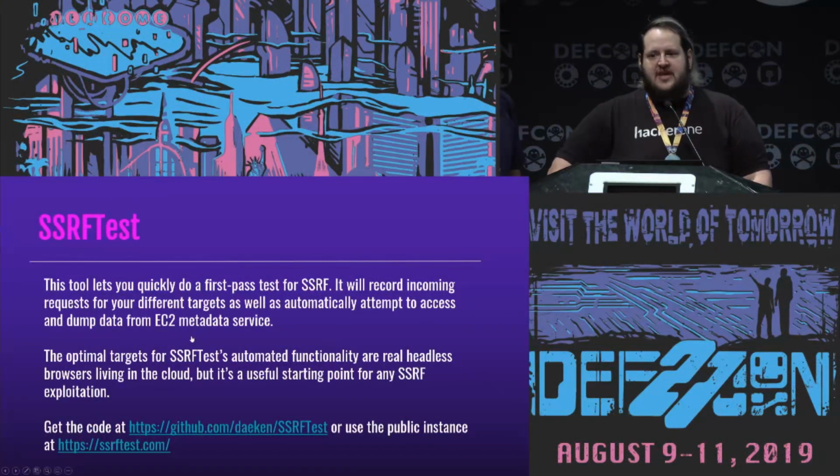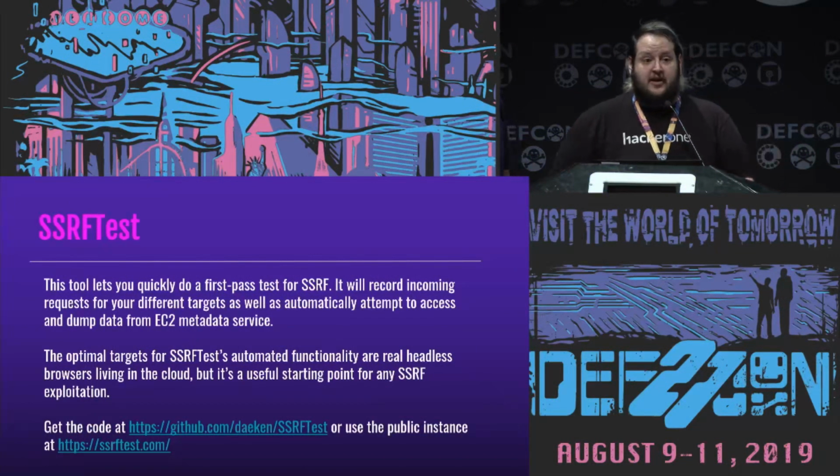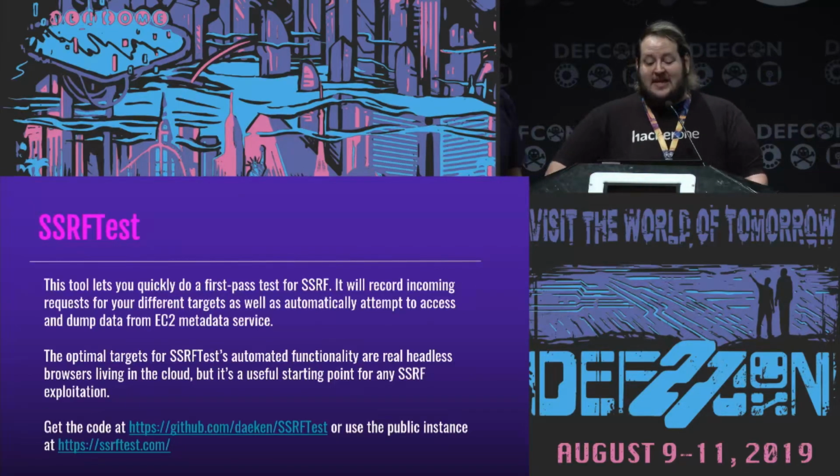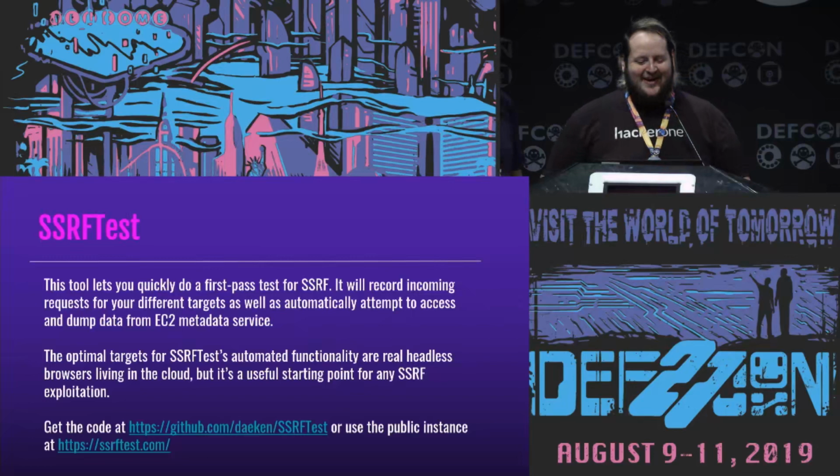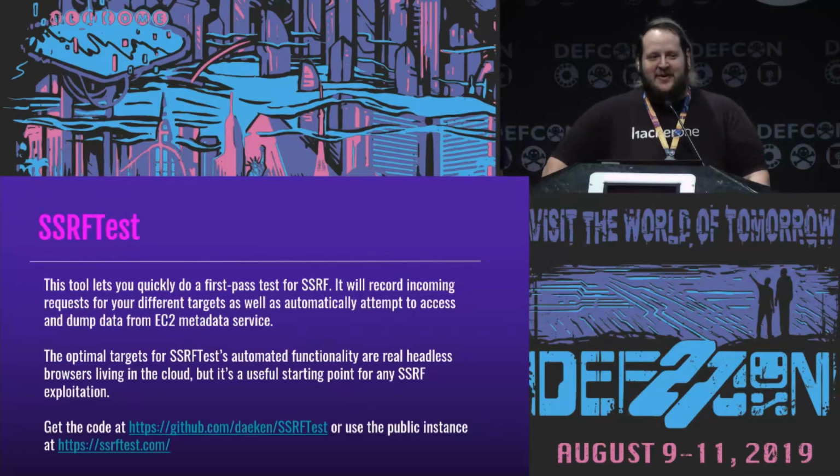But what it'll actually do is if it is in a browser, like an actual headless browser, it'll do a quick automated exploitation. So if same origin policy is not a problem and we don't have to go down the DNS rebinding path, this will automatically go and pull literally every key from Amazon. And this tool alone made me a lot of bounties. The source code for this is all available.